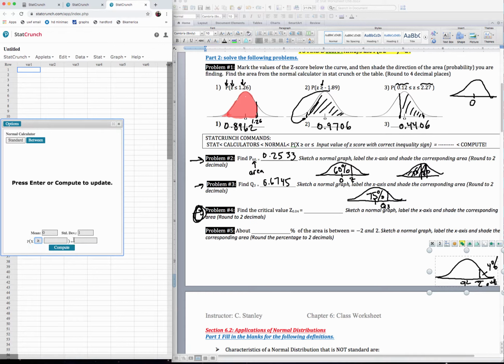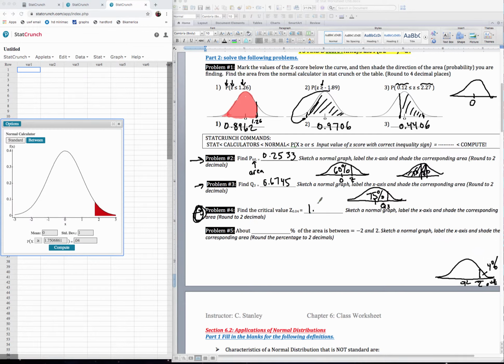And they told us 4%, so we're going to go 0.04. So this is 1.75. So basically what this means is that out of all the z-scores in the world, 4% of them are bigger than this number.